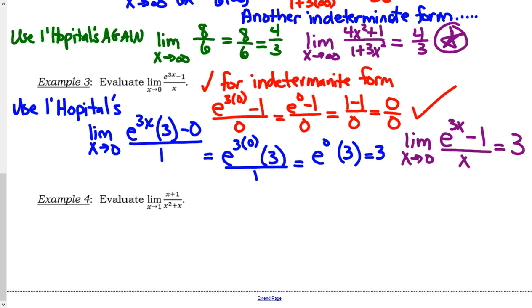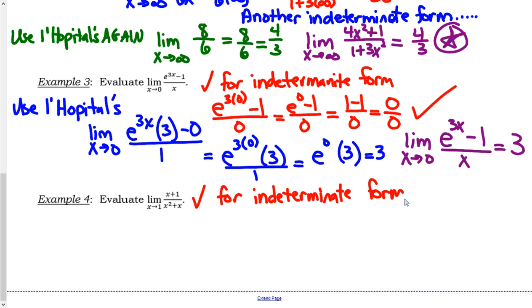Okay, we have our last one here. We are going to evaluate this limit. So again, first thing, we check for an indeterminate form, and we do that simply by plugging in 1 for x.